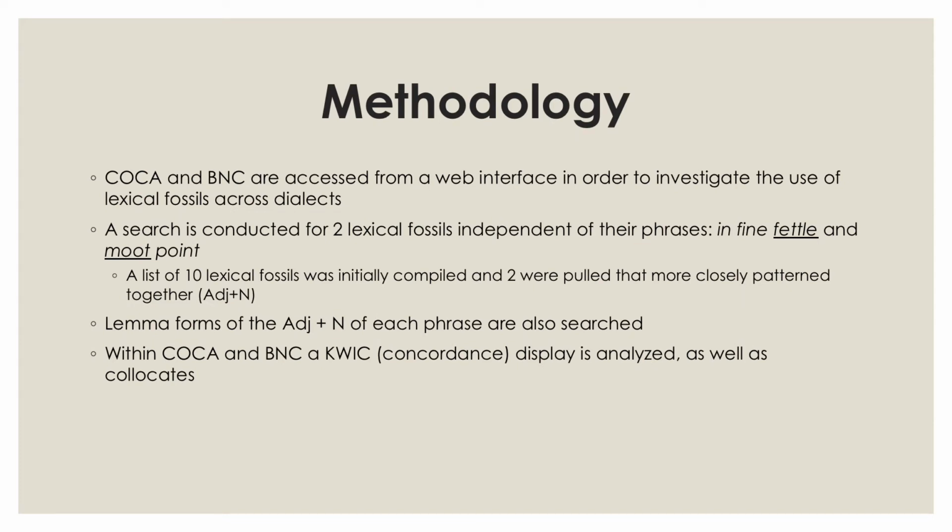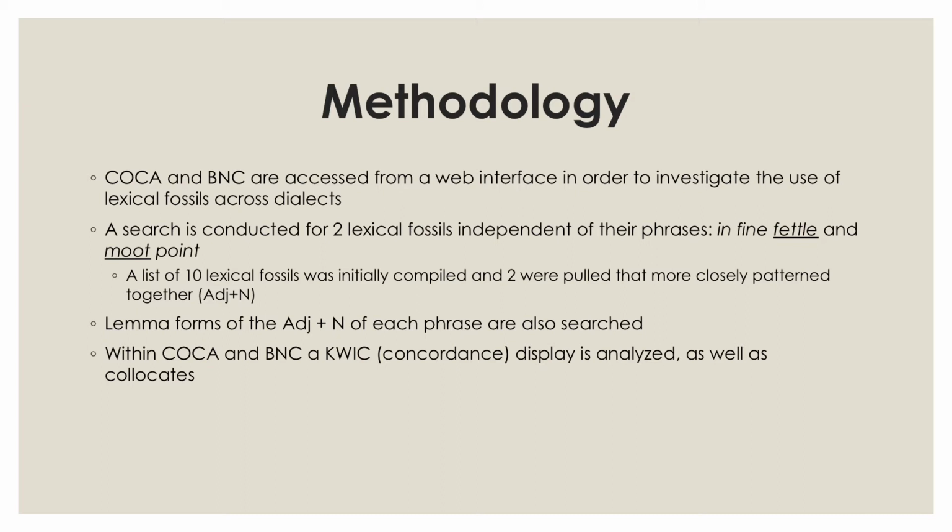So for the methods, COCA and BNC were accessed from a web interface in order to investigate the use of lexical fossils across dialects. A search was conducted for 2 lexical fossils independent of their phrases, so fettle from in fine fettle and moot from moot point. A list of 10 lexical fossils was initially compiled, and those were all put in my research proposal, and then 2 were pulled from that, which more closely patterned together, so both having the adjective and noun.